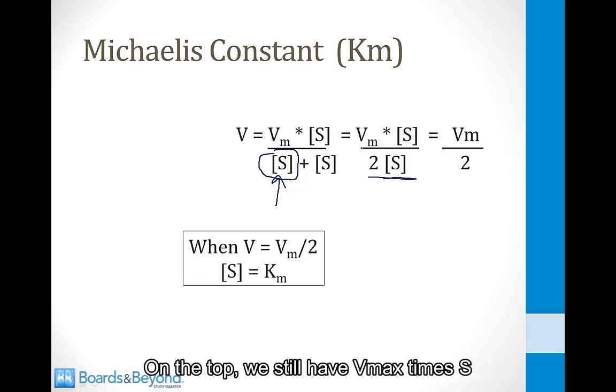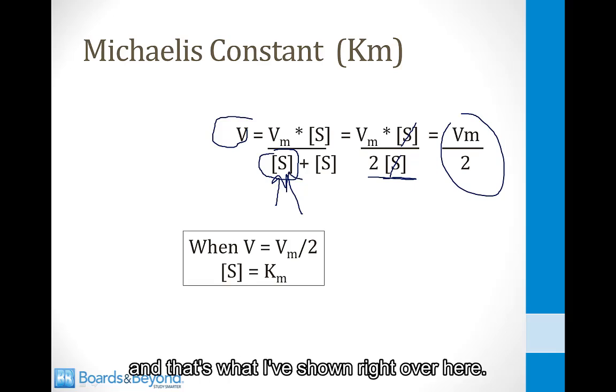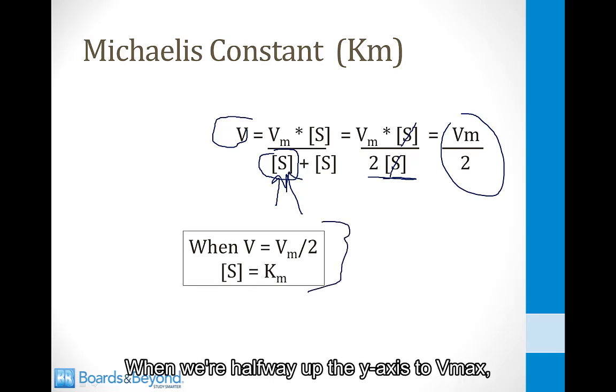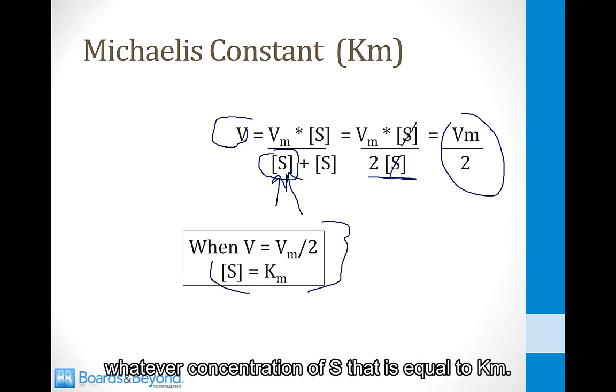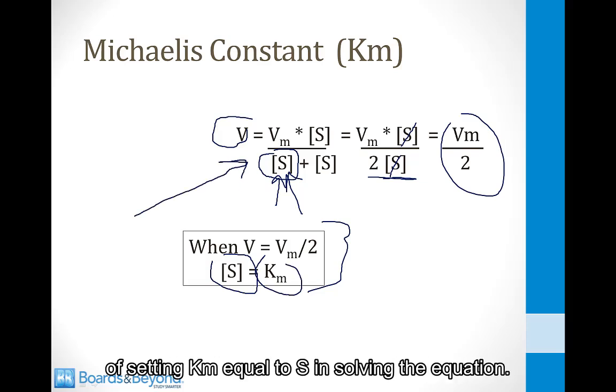On the top, we still have Vmax times S, because that's the numerator of the Michaelis-Menten equation. Now the S's cancel out, and we have that when V is equal to Vmax over 2, then Km must be equal to S. And that's what I've shown right over here. When we're halfway up the y-axis to Vmax, whatever concentration of S that is equals Km. And this all comes from some simple math of setting Km equal to S and solving the equation.